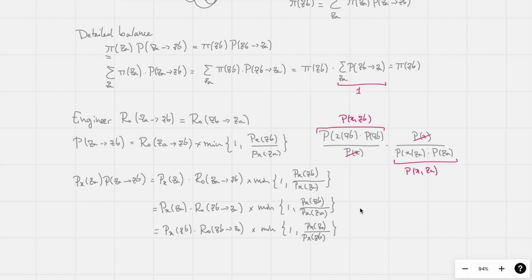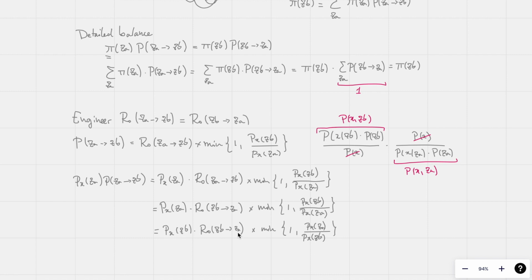So why is that? Well, there are two cases. Let's consider the first where P(x, Zb) is greater than P(x, Za). So that here, that whole term is equal to 1 in that case. And P(x, Za) times this is equal to P(x, Za). Now let's look at the other line.